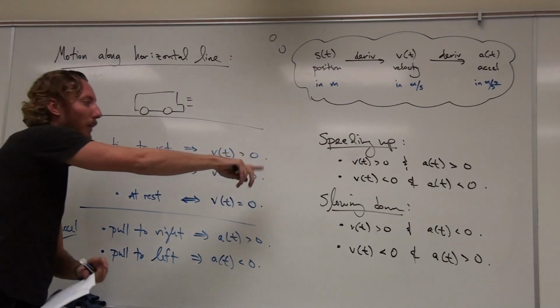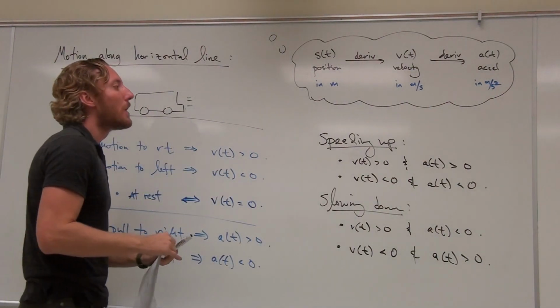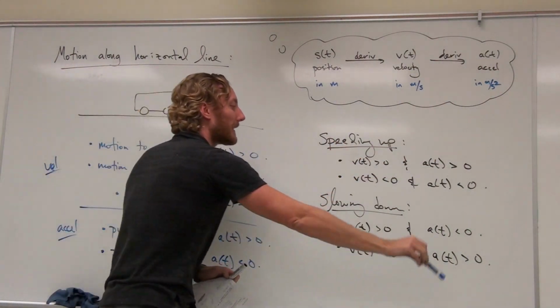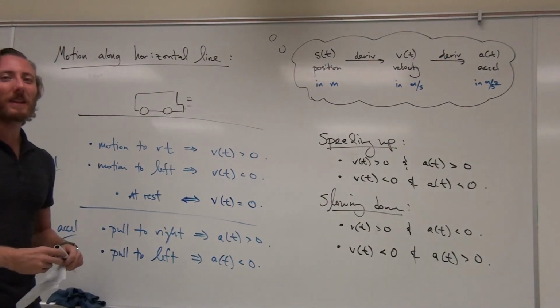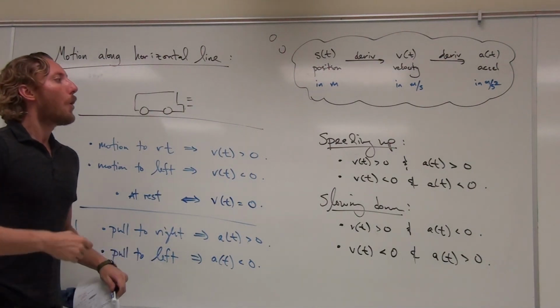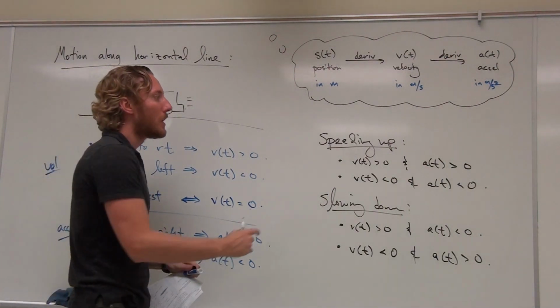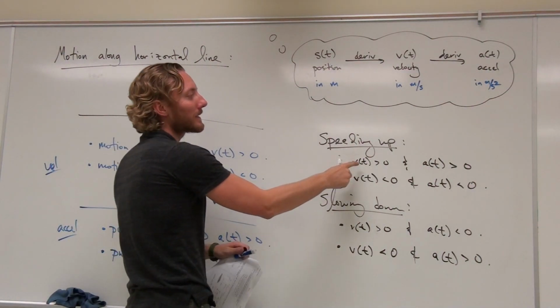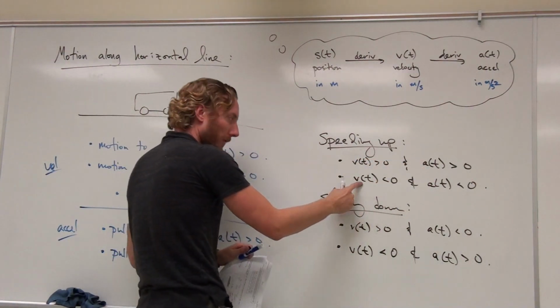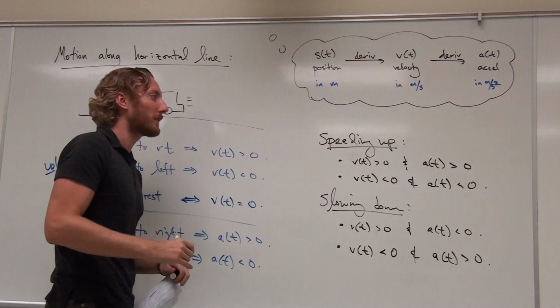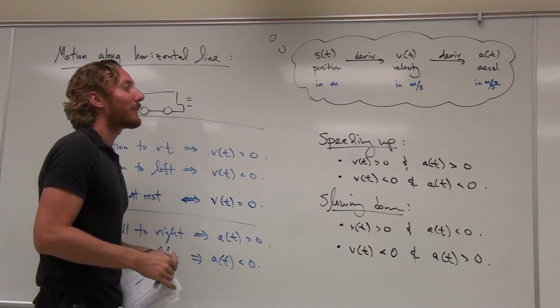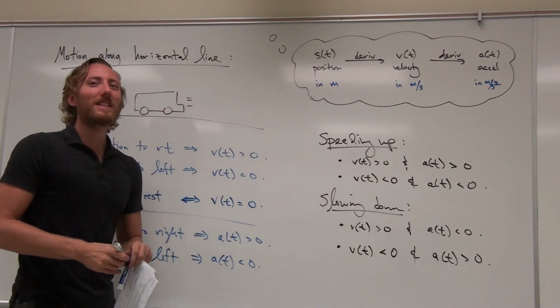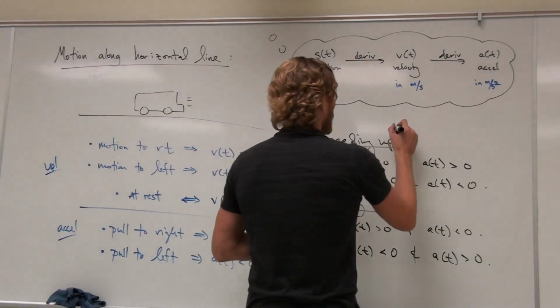Now, let's take a look at both of these cases because I claim whenever you look at the speeding up cases and the slowing down cases, there's something in common between them. When does the car speed up? When the velocity is positive and the acceleration is positive, or when the velocity is negative and the acceleration is negative? In other words, if the velocity and acceleration have the same sign, we're speeding up.